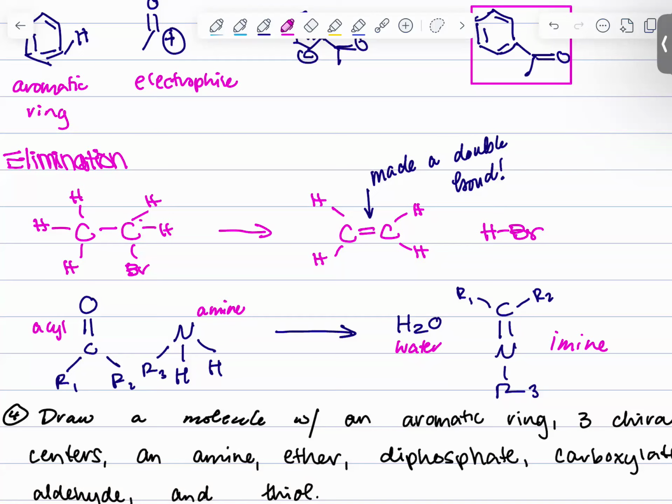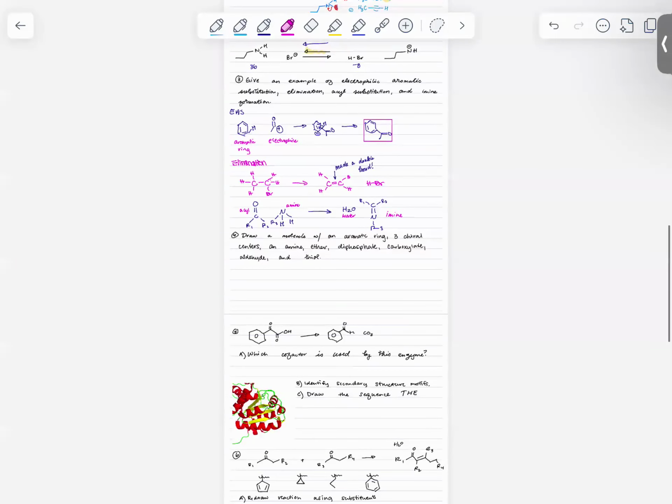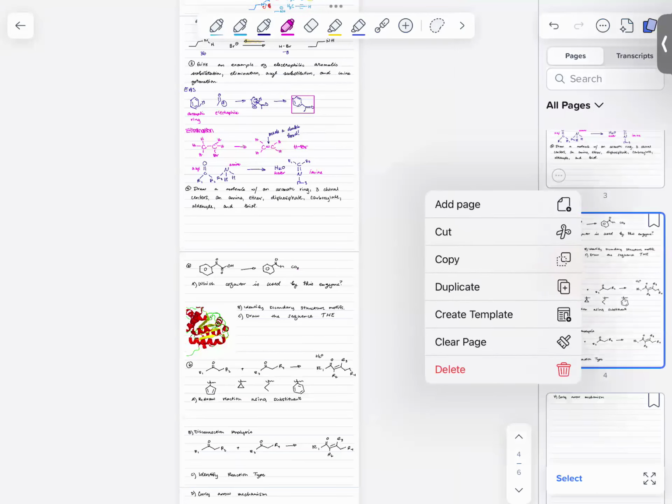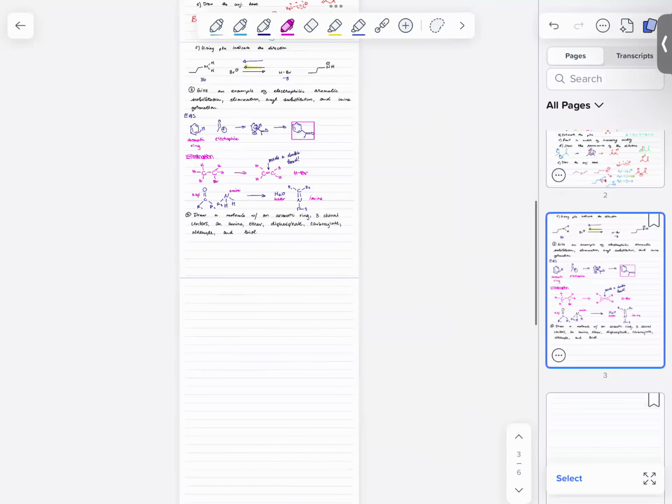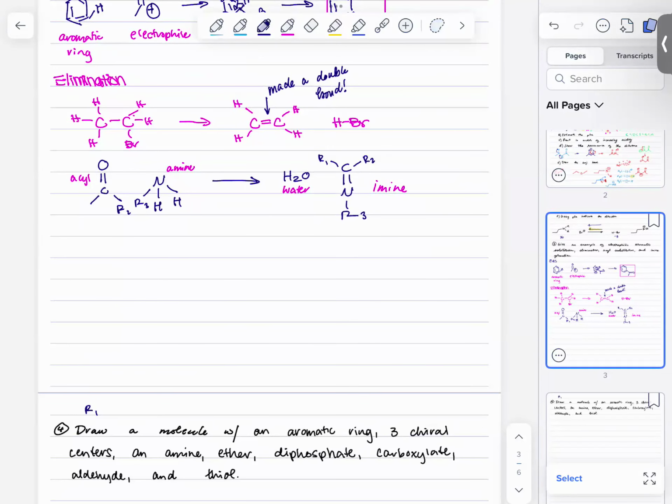Come on. Might give you more space to move it. We already did one.